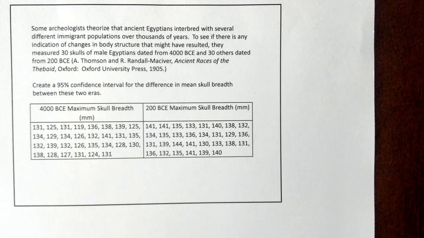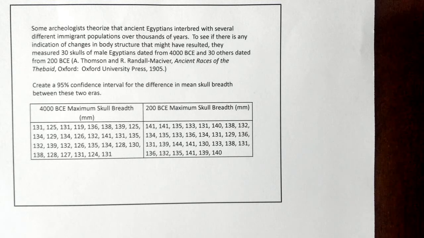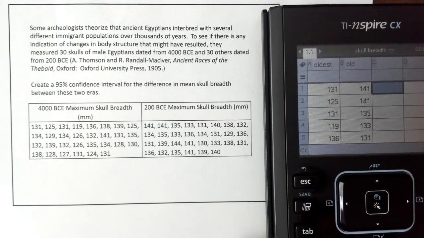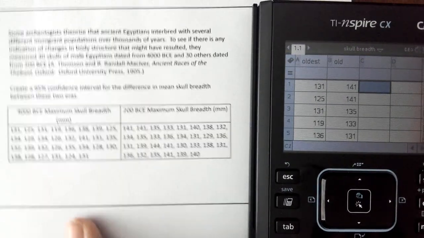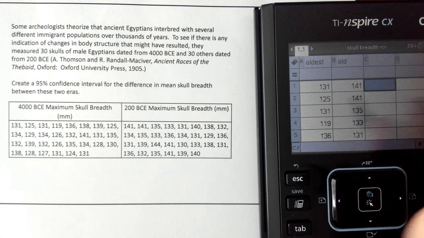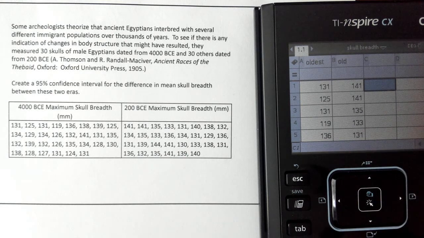You can pause the video and put that data into your calculator so that you can follow along and push the buttons, and then pick back up and we'll go from there. Or you can watch me push buttons, entirely up to you. So I already have that data in my handy dandy Inspire, all ready to go, and I'm going to be ready to write down all the mechanics, all the number crunching that I need, because I've already got my data in.